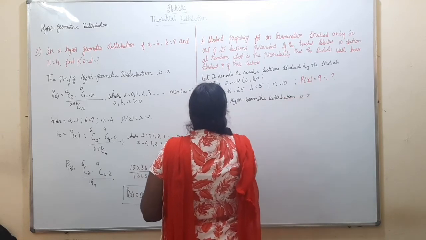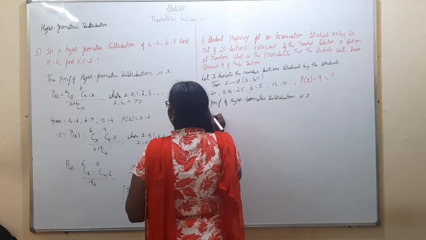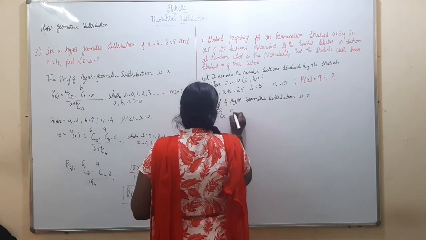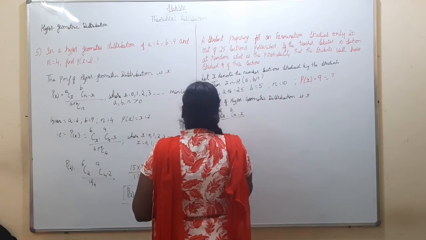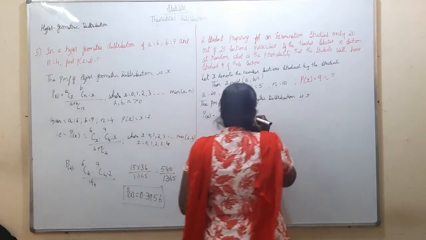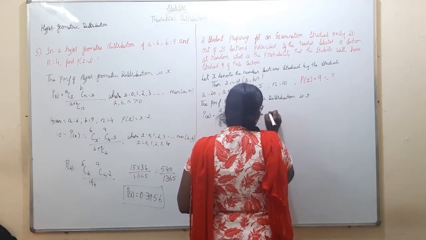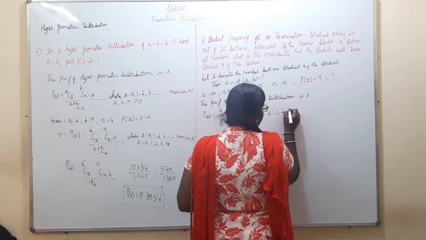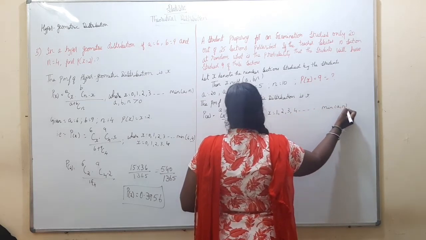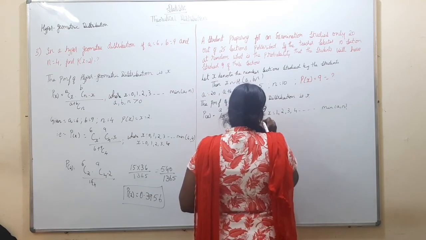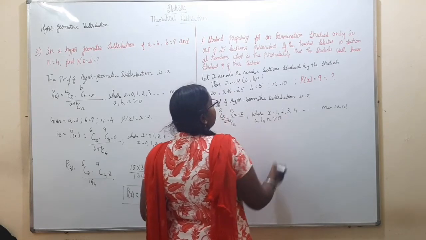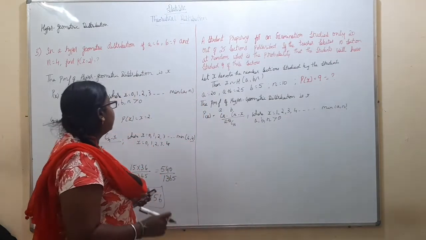is, P of x equals ACx into BCn minus x divided by A plus B Cn, okay, where x is equal to 1, 2, 3, 4 up to the minimum of A and n, and A, B, N are integers which are positive and greater than 0 here.